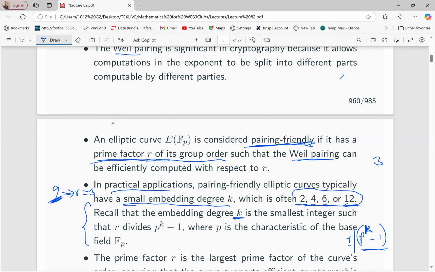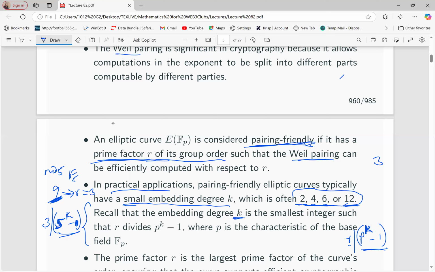So, the embedding degree, supposing we are working with mod 5, the field is F5, will be the k that will allow 3 to divide p raised to k minus 1. The smallest positive integer k that will make it possible for 3 to divide this.